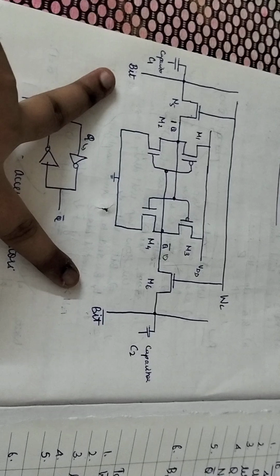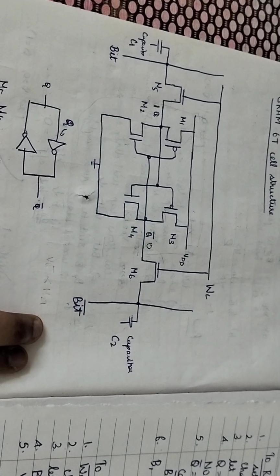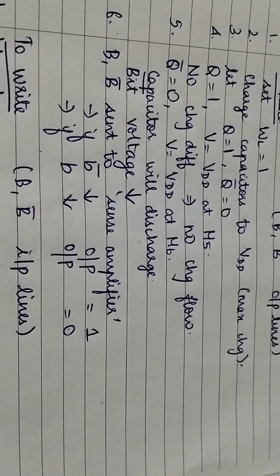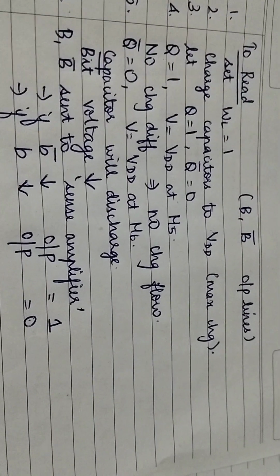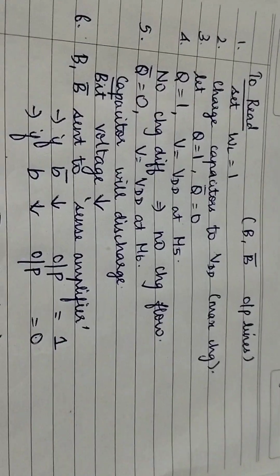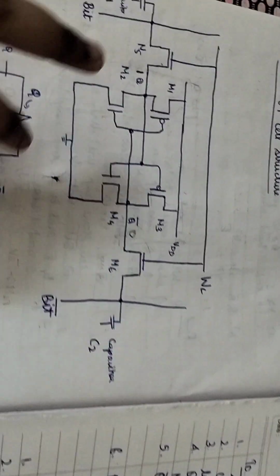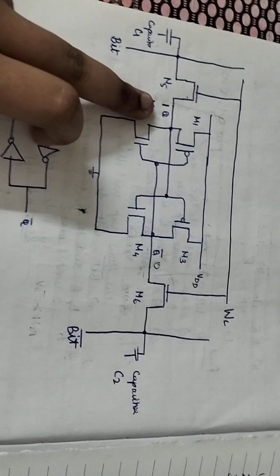Now I connect both these lines to something called a sense amplifier, which will give me the output based on this condition. If B bar's voltage is decreasing, the output is 1. If the voltage across B is decreasing, the output is 0. Here we saw that B bar's voltage is decreasing, so the output it gives me will be 1, which is exactly what was stored over here.